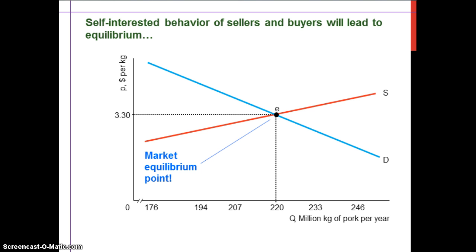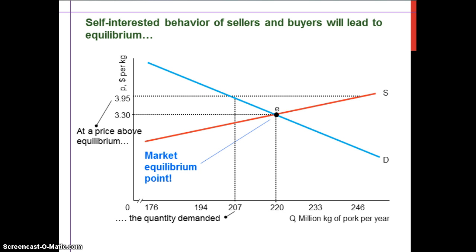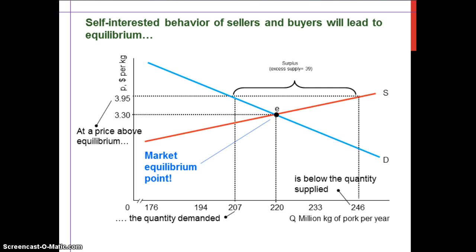For instance, if the price is above equilibrium, quantity demanded is here, and quantity supplied is here. So this graph shows excess supply. According to classic economics, this market disequilibrium can be solved in a free market.